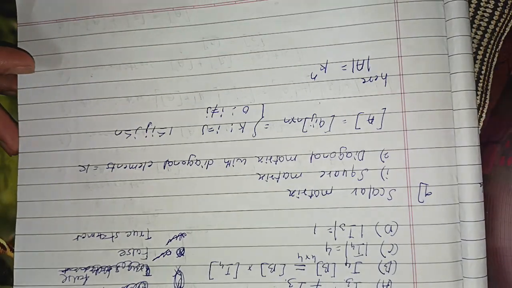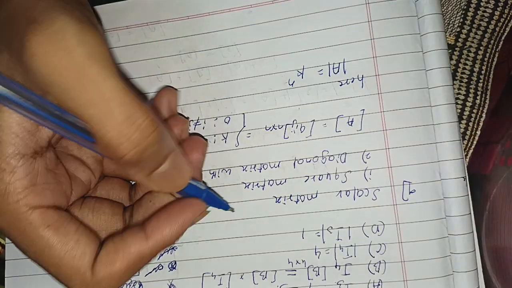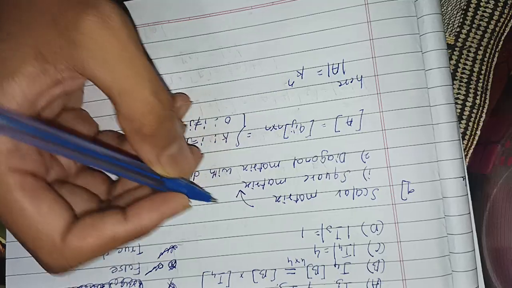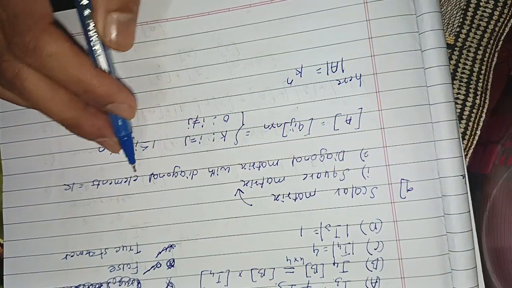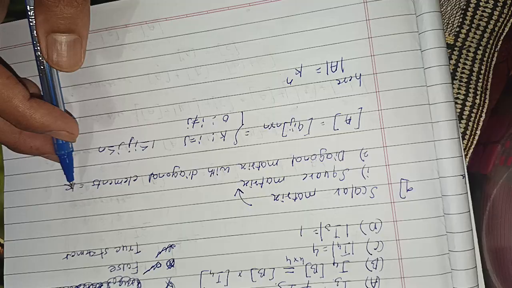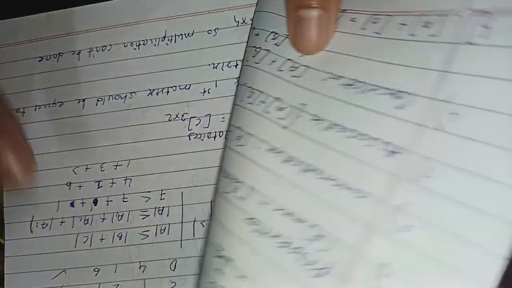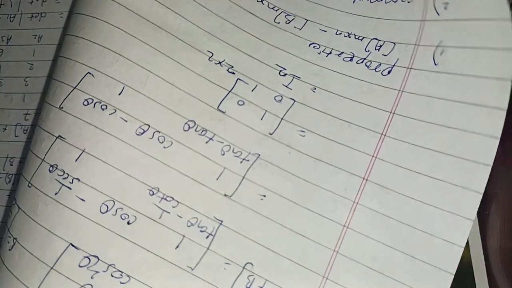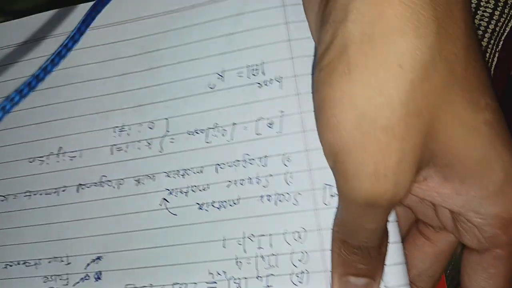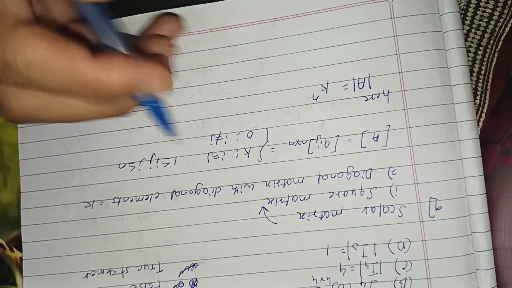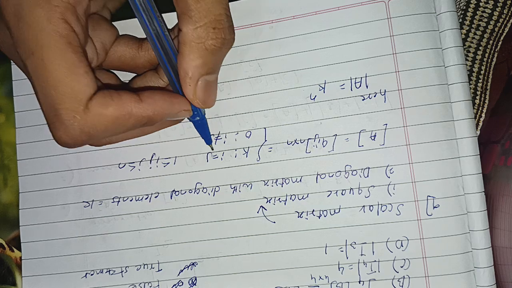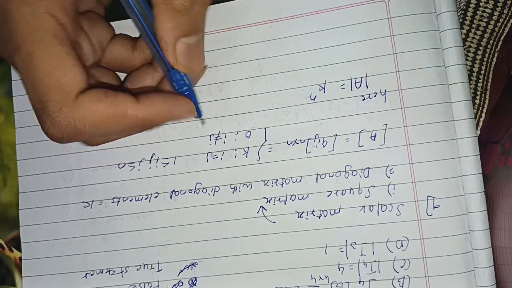So next is the scalar matrix. Again there is a condition, this only applies to a square matrix. It is a diagonal matrix with diagonal elements equal to k. Here they have given the condition i is equal to j is equal to k.